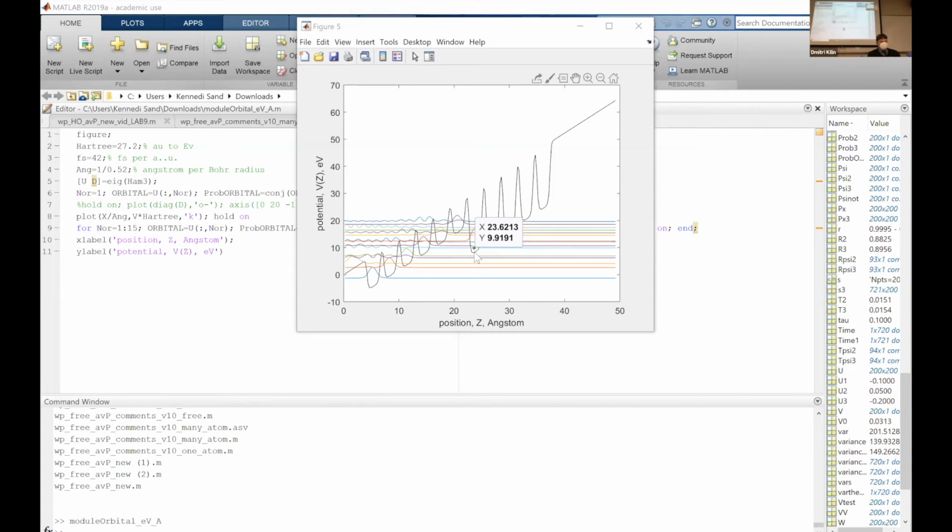Right now, we do see that the state that you're pointing to and the next one to the left of it do not overlap in energy and space, and they have quite high energy.